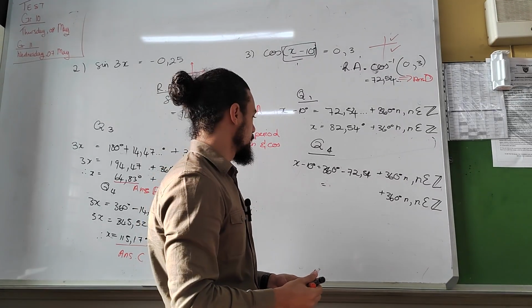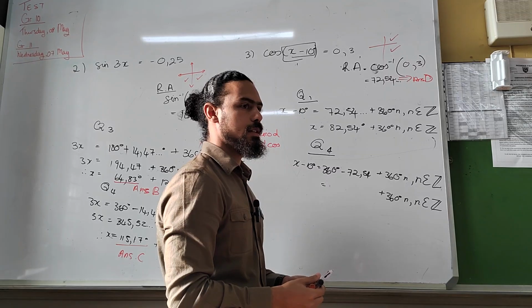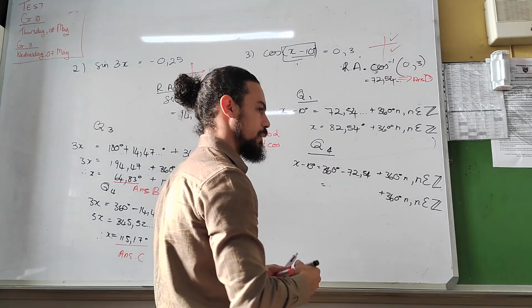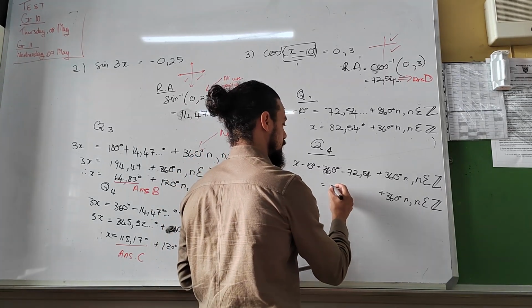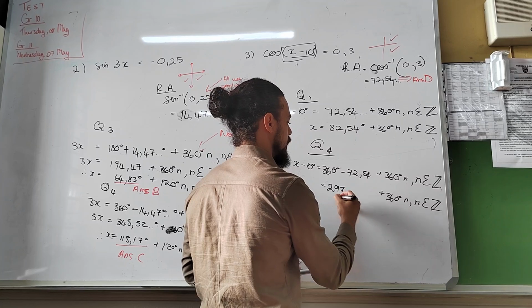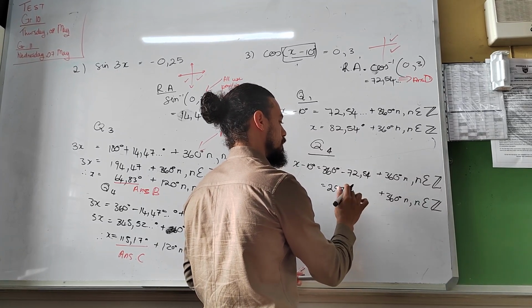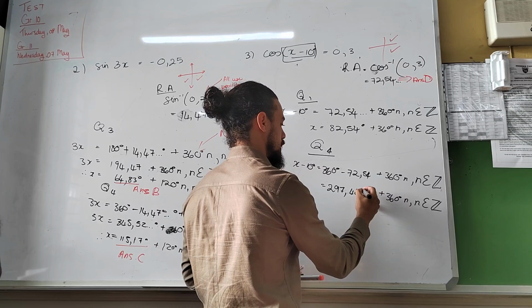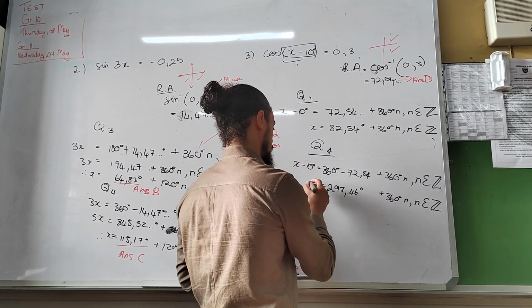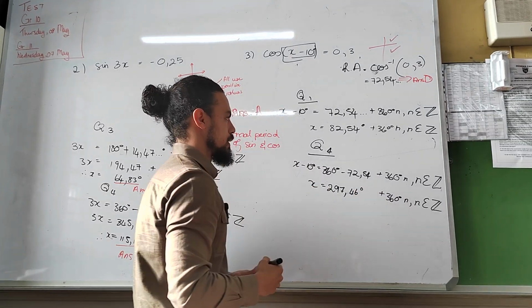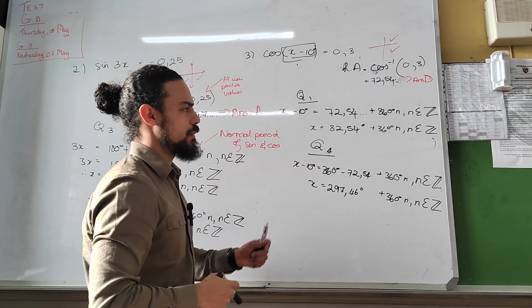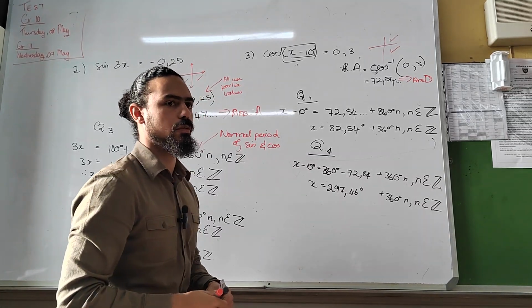So it's 287. No? 287. Then we add a 10. So it's probably going to be 297,46. Round off your answer. 46, and that is equal to. So there's your answers. This one is anything from 4 to 5 marks.